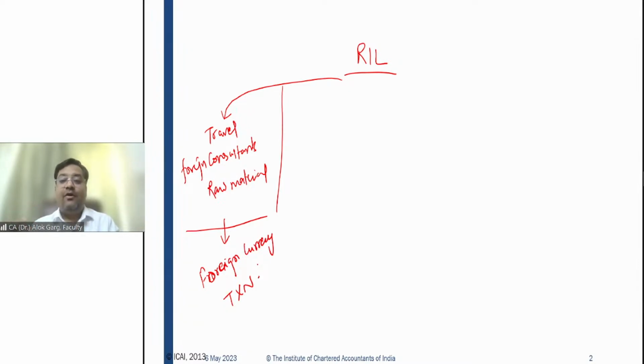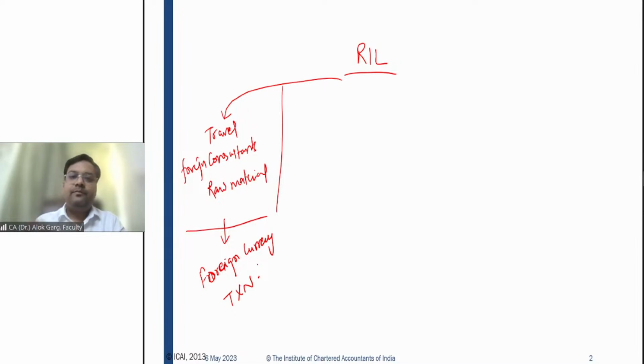Does this foreign currency liability need to be restated or not? So this standard talks about the recognition and measurement of foreign currency transactions as well. Had this standard not been there, it would have been difficult to get uniform and consistent guidance about recording foreign currency transactions. That is number one.